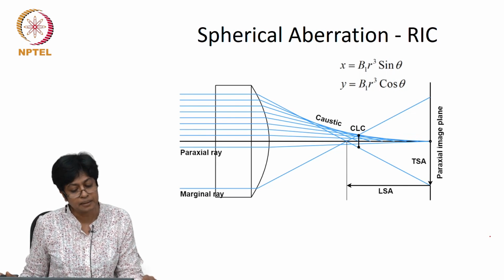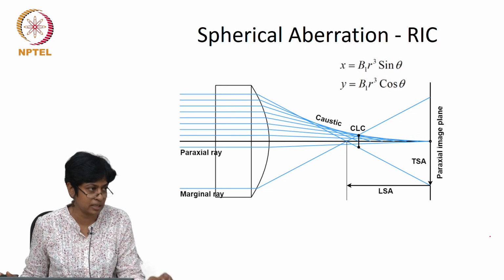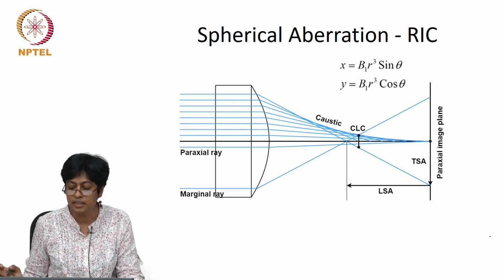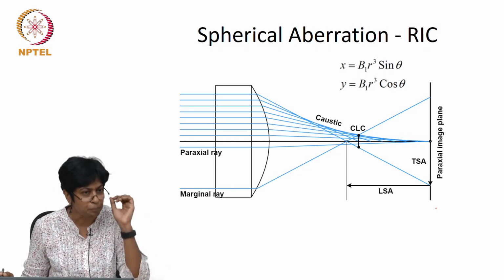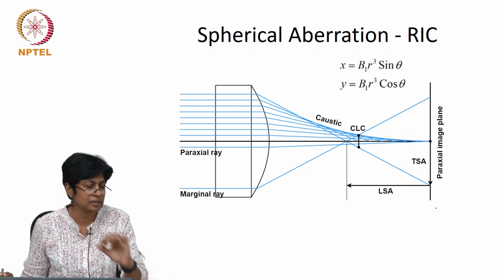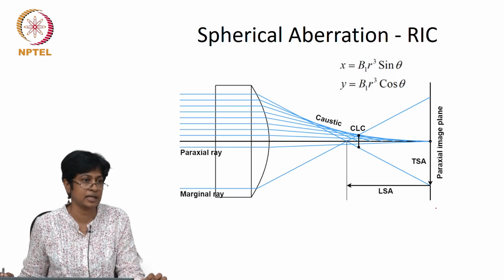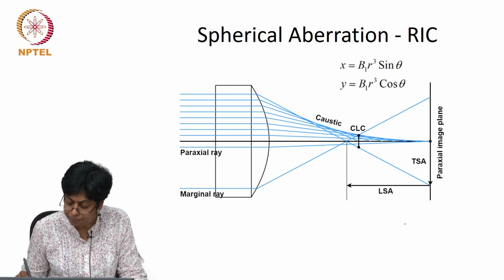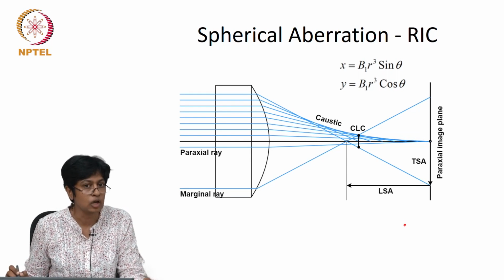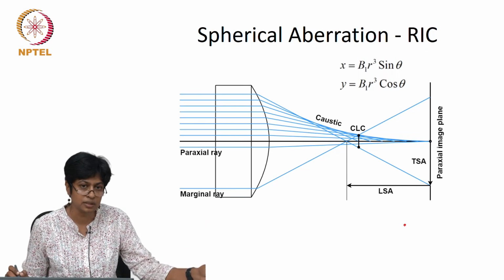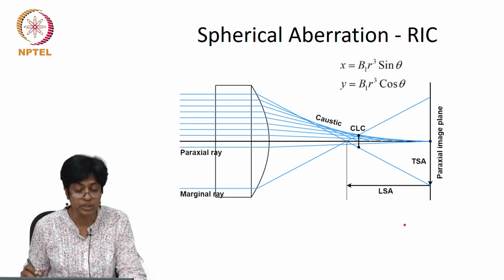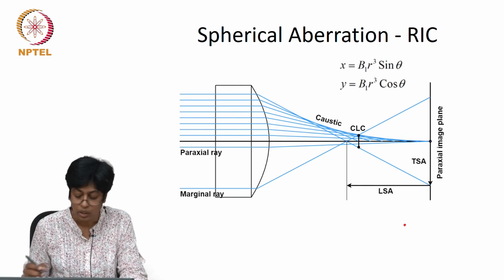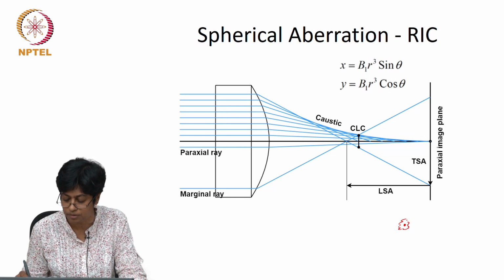If you look at an image which was taken with a system that had spherical aberration, or to make it simple, if you were looking at an image of a point with a system that had spherical aberration, the image should ideally also be just a point. So your object is a point, the image should be a point. But if the system has spherical aberration, you're going to see a sharply focused point with a kind of blurry circle around.